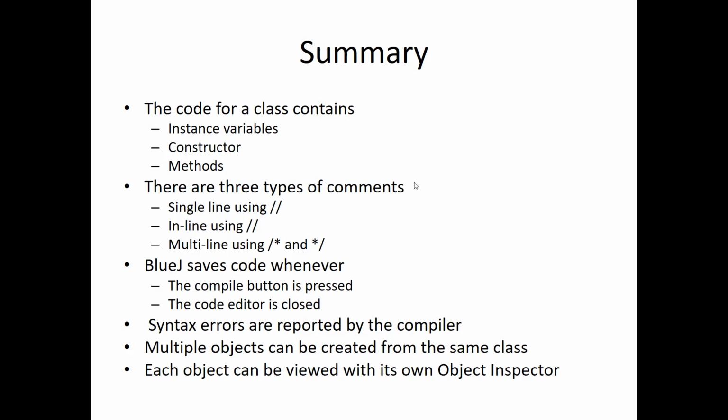We've looked at some good practice elements for code commenting, whether that's single line or inline comments or multi-line or block comments. And we've looked at how BlueJ works in terms of when it saves the code. That's when you hit the compile button or when you shut the code editor down. We've had a little look at how syntax errors are dealt with, and given a little bit of advice on how to look for errors in your code.